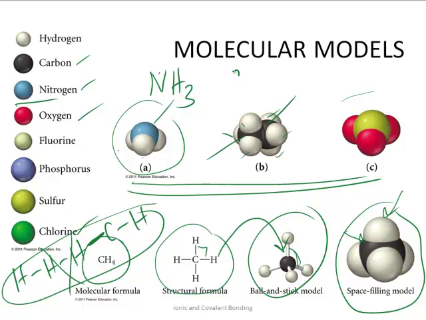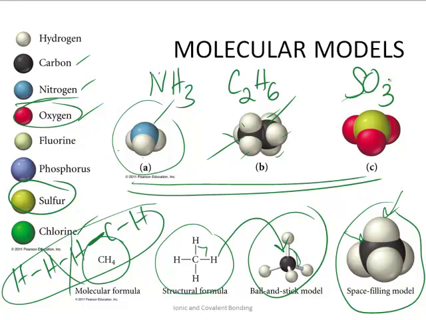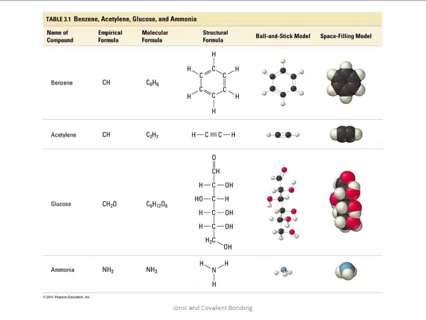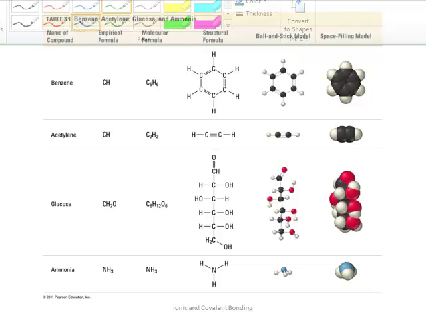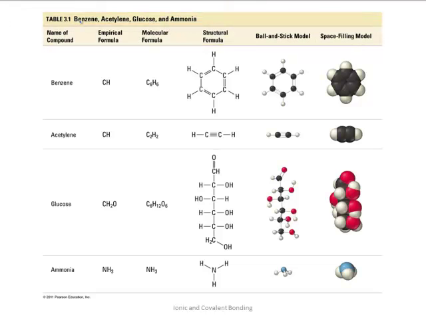So this is going to be ethane, C2H6. And here we have a yellow sphere corresponding to sulfur, and then 3 oxygen atoms. So this is SO3, sulfur trioxide. So here's a few more examples of how we can display information about various molecules.